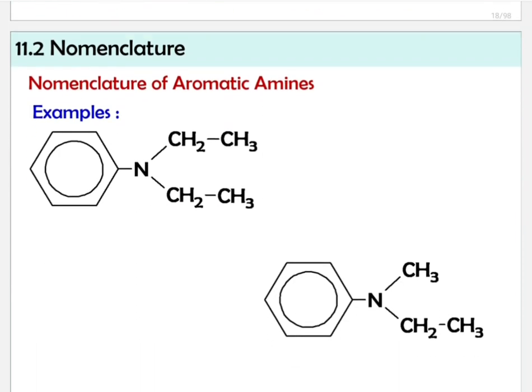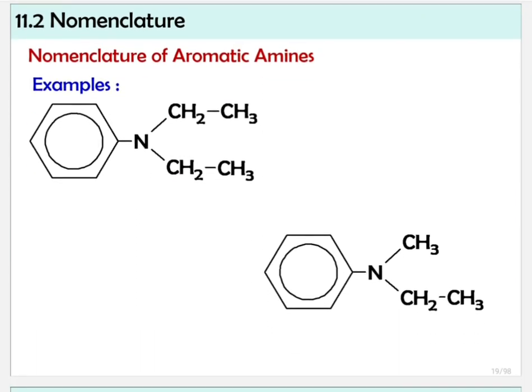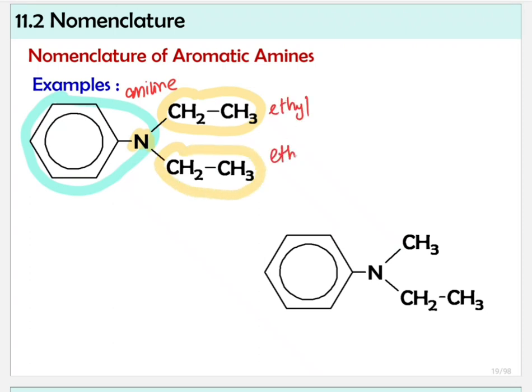Next example, so you understand more about the naming of amines. I show many examples because the naming of amines is a little different. Hopefully with many examples like this, you can understand how to give the name. So this is the parent. Again, the name must be aniline if it is aromatic. But at this nitrogen, there is CH2CH3 and CH2CH3. So both are ethyl, the same thing, bonded to N. So the full name for this compound is N,N, because both are bonded to nitrogen and they are the same. So diethyl, then continue with aniline as the parent. For this one, nitrogen is bonded to 1, 2, 3 carbons.